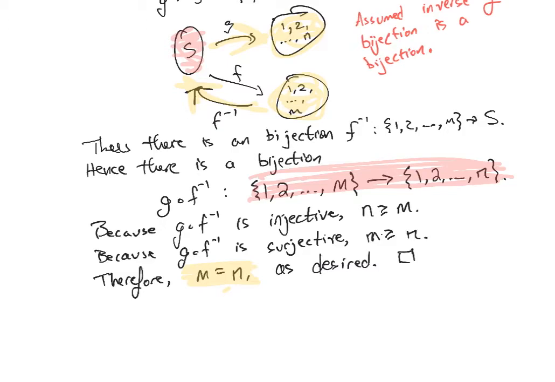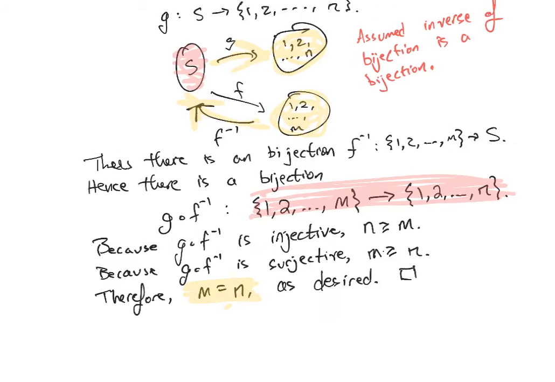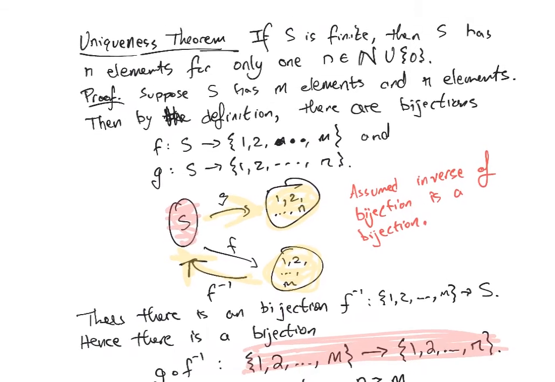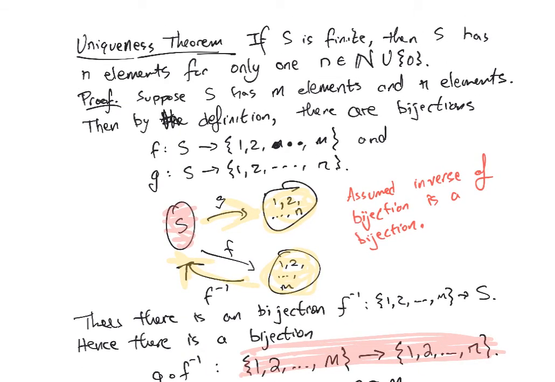If we go back up to the top of the proof, we said let's assume that it has m elements and n elements. If it were to have two different cardinalities somehow, there would be some m that's different from n. And then we've shown that won't happen, because any time that it has m elements and n elements, then m equals n.